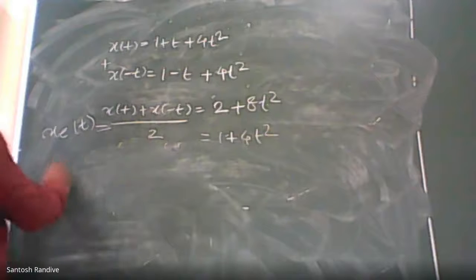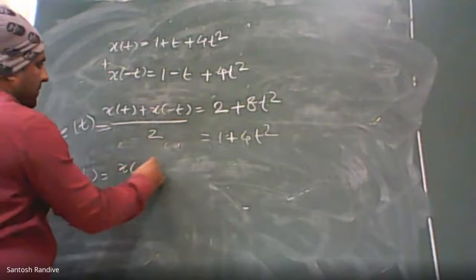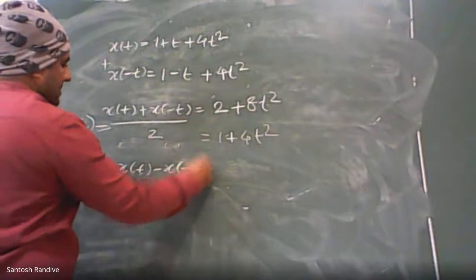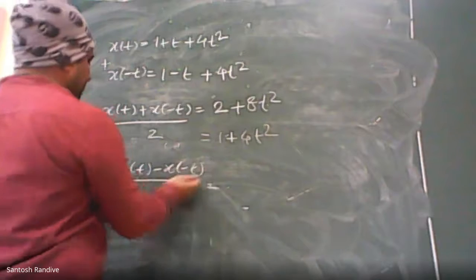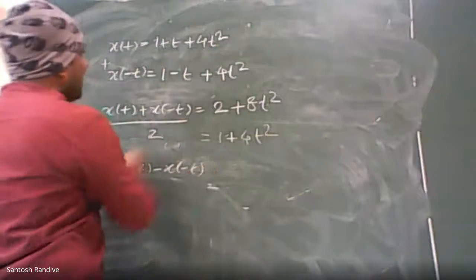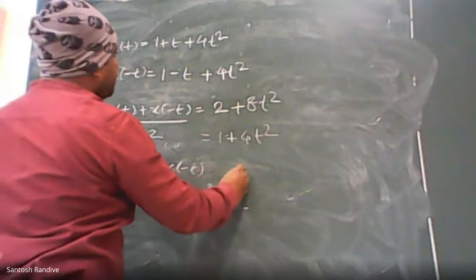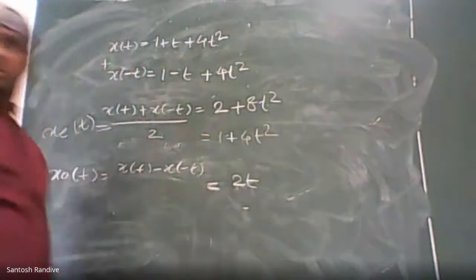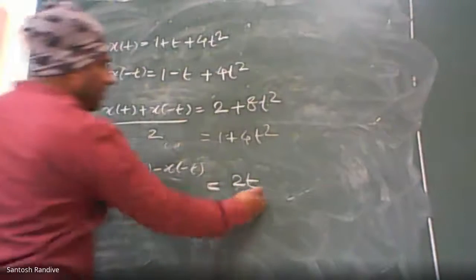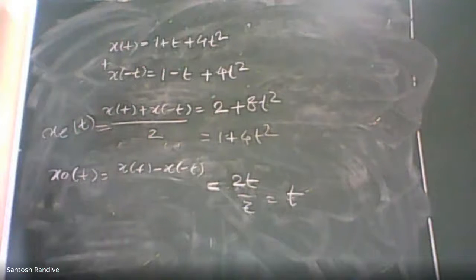X o of t which is equal to x of t minus x of minus t divided by 2. So obviously minus पहिला, divided by 2 नंतर घेऊ आणि काय करायचं minus. So हा 1 गेला, t. So it will be 2t, isn't it? So divided by 2, so it will be t. Simple.